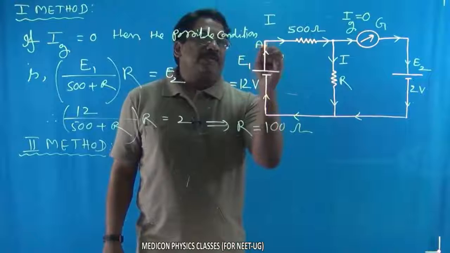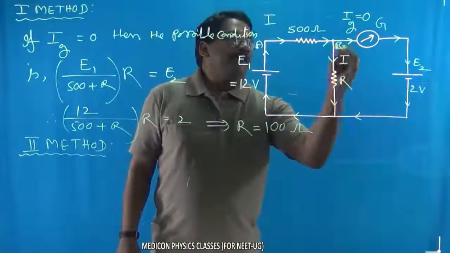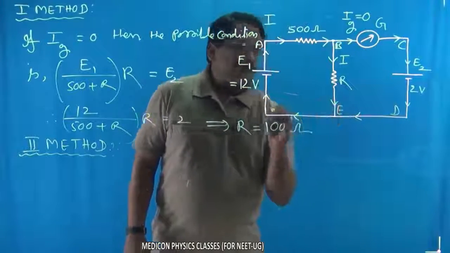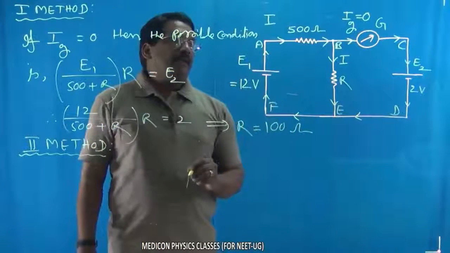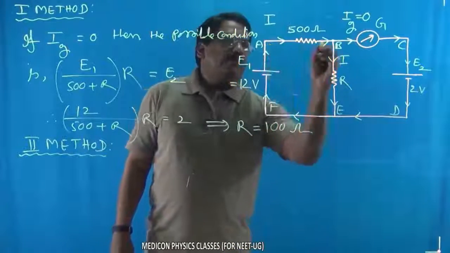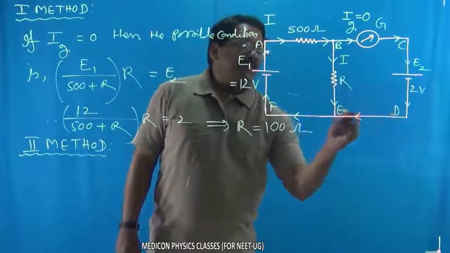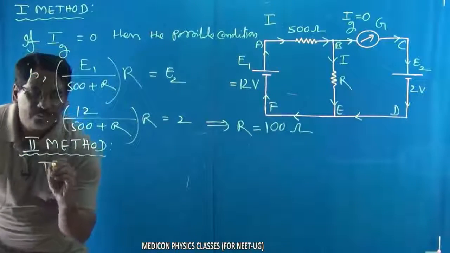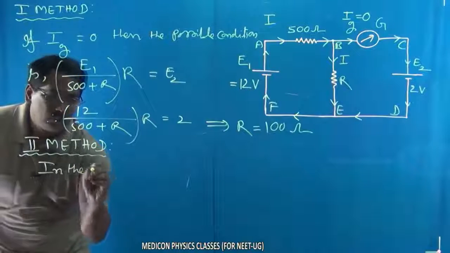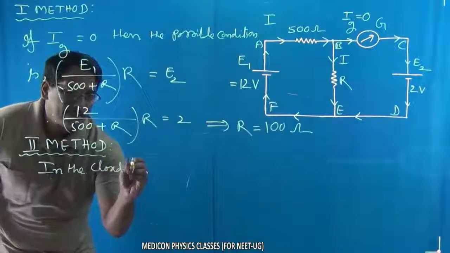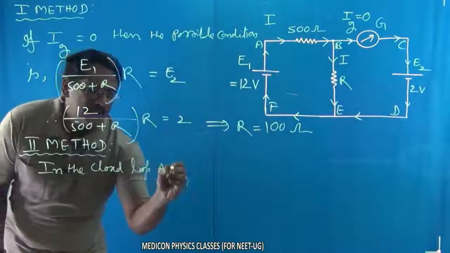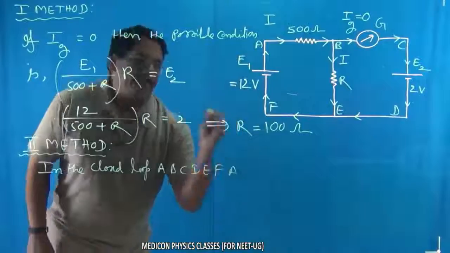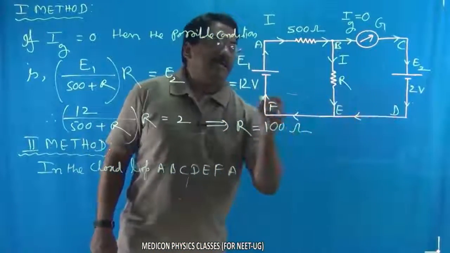This is A and this point is B and this point say C and this is D, E, F. Now let's take first the loop A, B, C, D, E, F, A, in the closed loop, all along A, B, C, D, E, F, A.